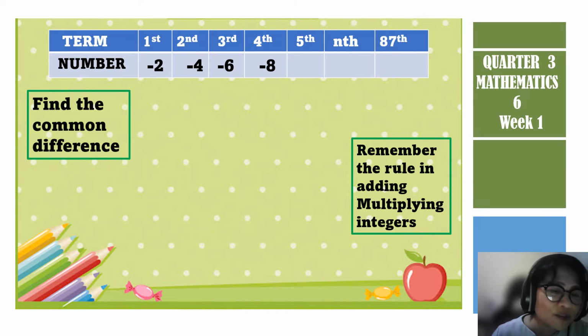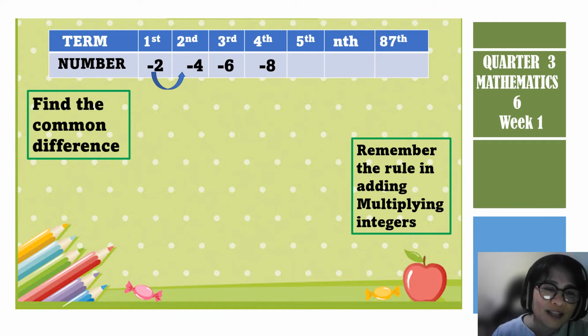So, negative 2 sa first term. On the second term, we have negative 4. Ano ang gagawin natin? So, remember the rule in adding? So, negative 2, pag dinagdagan natin ng negative 2, magkakaroon tayo ng negative 4.